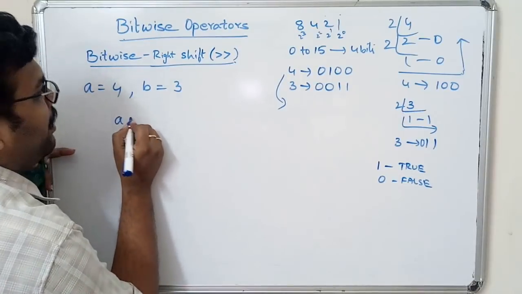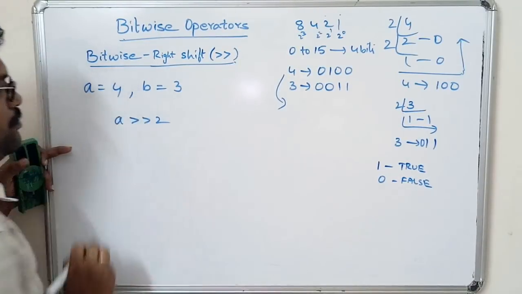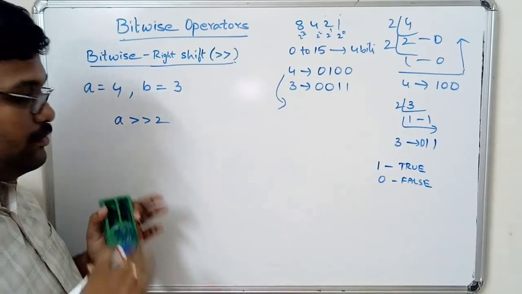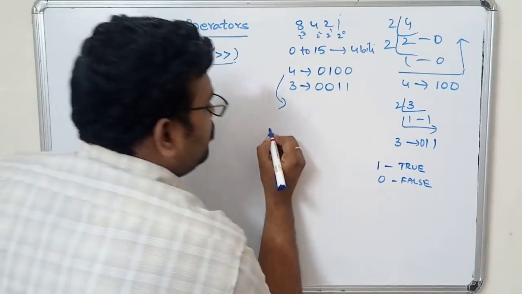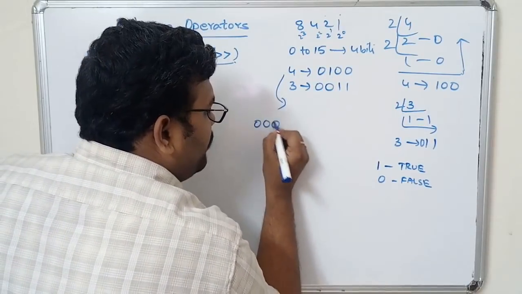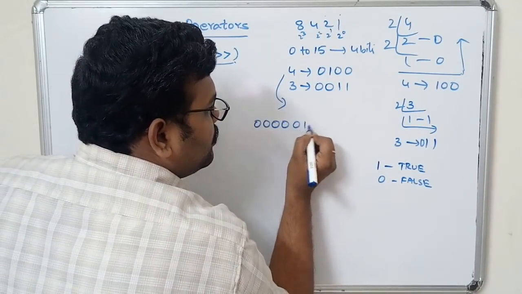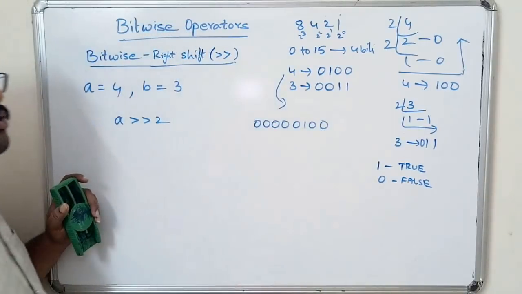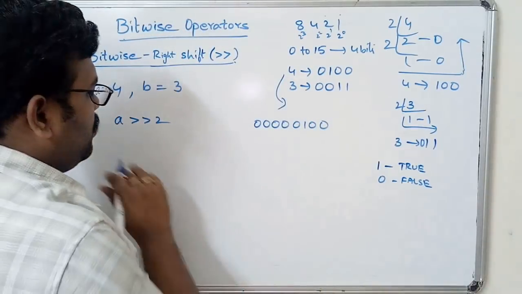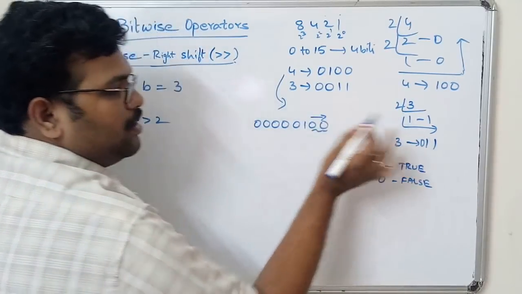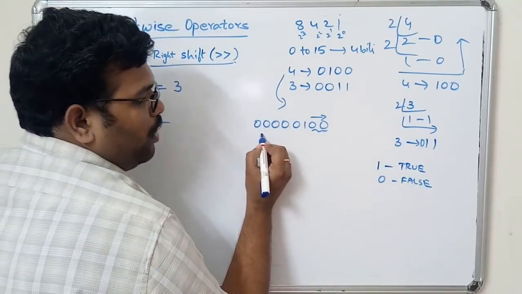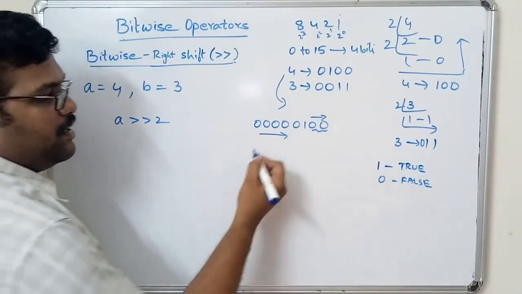So a right shift 2, towards the right with 2 bits. Now binary conversion. The 8-bit representation of 4 is 0 0 0 0 0 1 0 0. Move these 2 bits towards the right, and move all the remaining bits towards the right side.